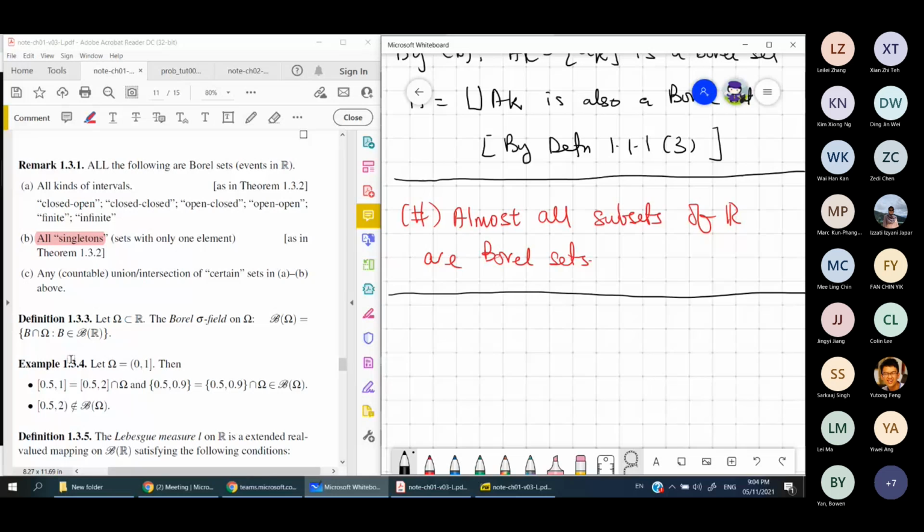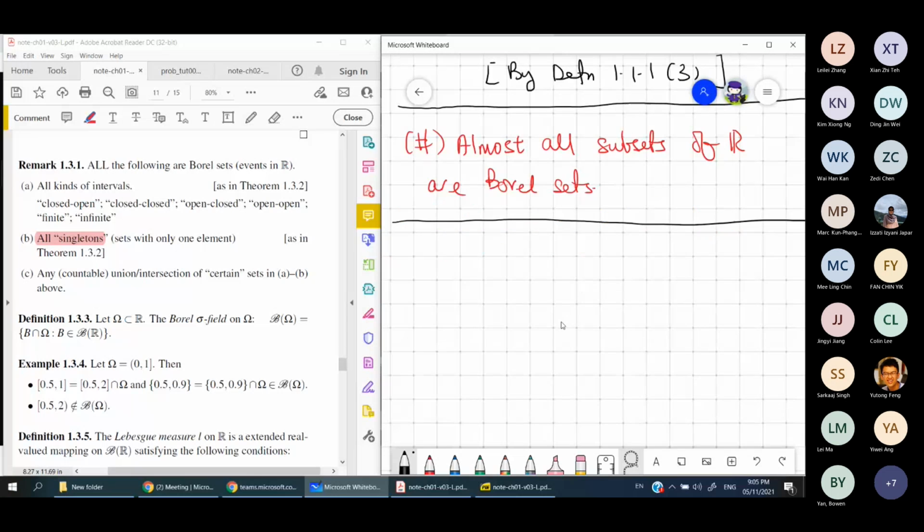As I said, don't worry. I can safely say most anything under your eyesight is a Borel set. You don't have to worry about the non-Borel subsets, but just remember they do exist, at the edge of the universe. You won't see them.